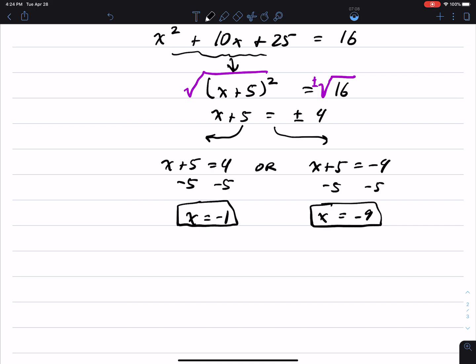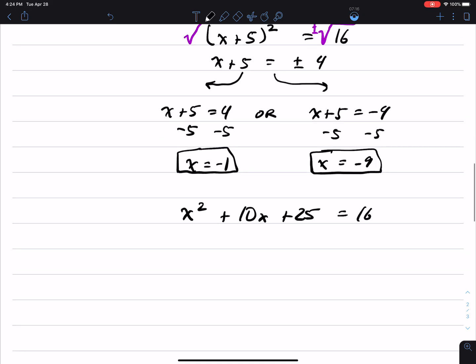We could have done this another way. Let me just show you really quickly because I don't like to leave anything out. If we do that whole equation again, another way we could have done it is to subtract 16 from both sides to set everything equal to 0. So what would we get here? Plus 9, right, equals 0.